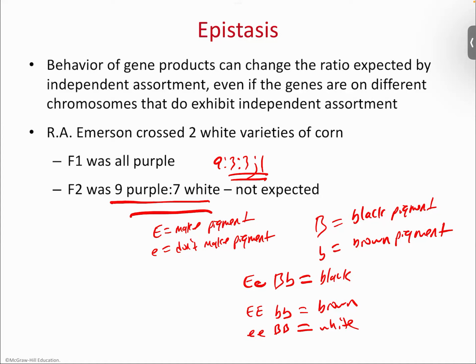If you had been told to make pigment, you would have made black, but you were told not to make it. So you make no pigment, which typically comes across as white. So then you have three different colors. You can see that the expression of B is reliant on the permission of E. Make sense? That one permits the other. That's epistasis.